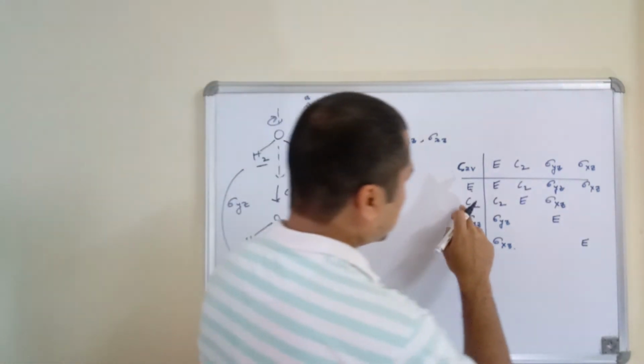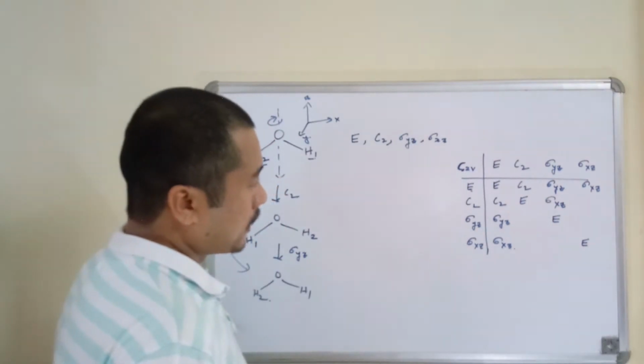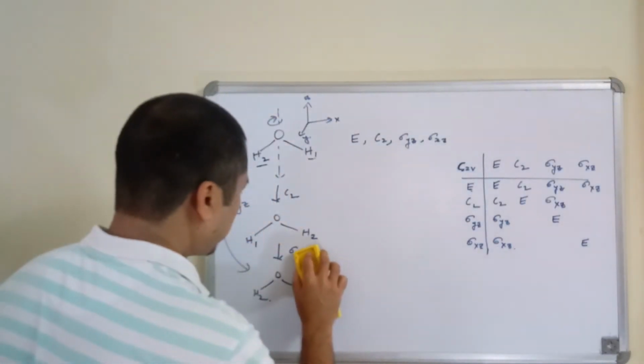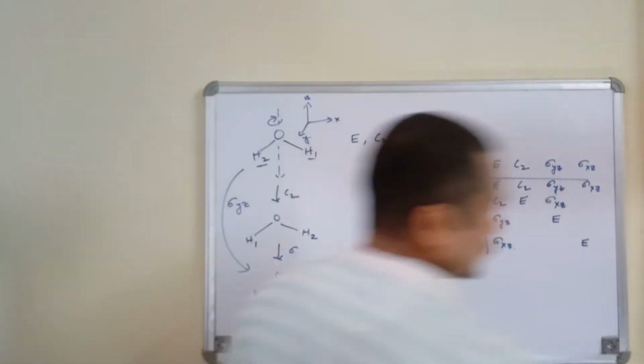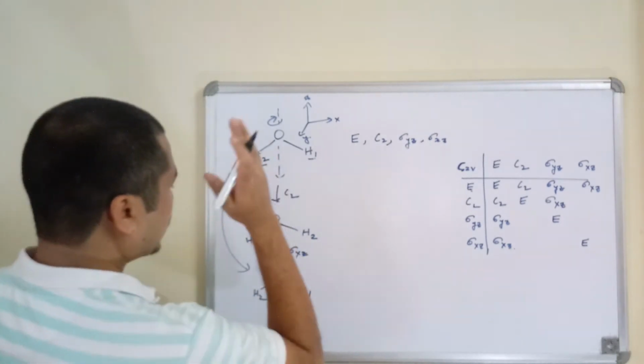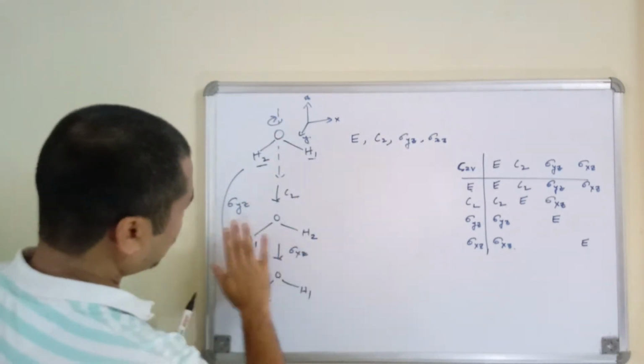Then C2 with sigma xz, we can again find out what it is. Sigma xz is the molecular plane.